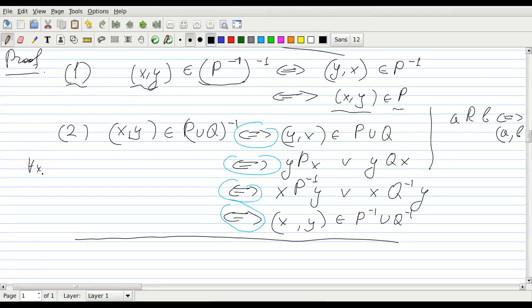So for each x and y, I see that xy is an element of this set if and only if xy is an element of this one. It is symmetric. So this equals this one.